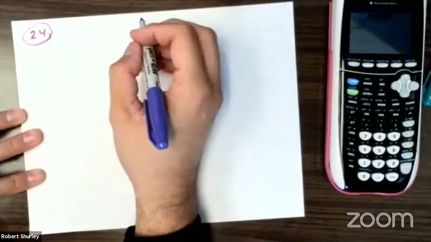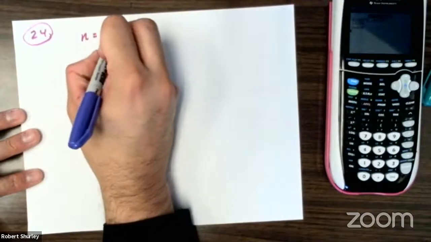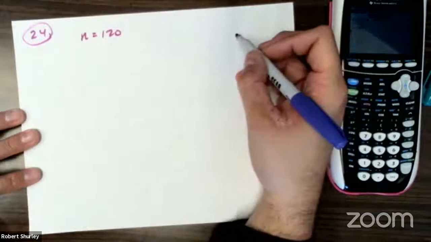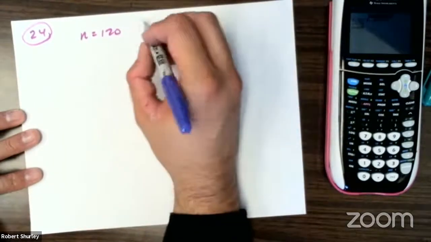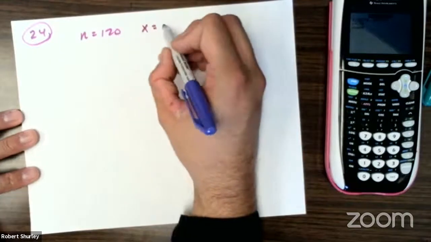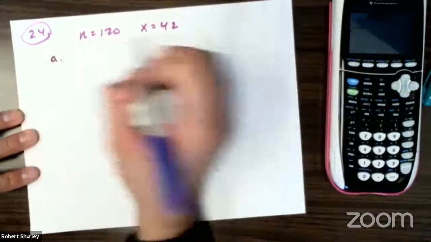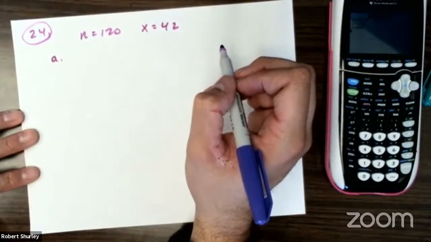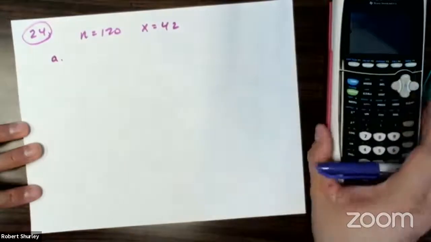Okay, 24, because this asks a few more questions. They kind of bring up the proportion stuff. So 24 says a college admissions officer sampled 120 entering freshmen and found that 42 of them scored more than 550 on the ACT. So we're going to say X equals 42. A, find a point estimate for the proportion of all entering freshmen at this college who scored more than 550.